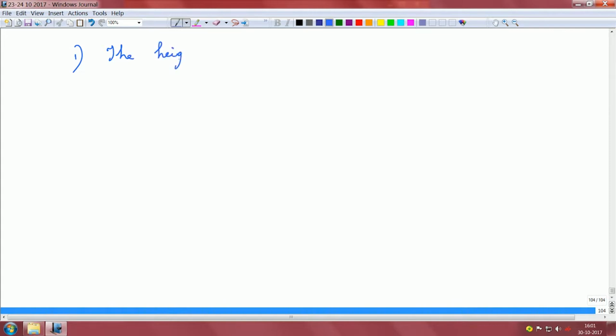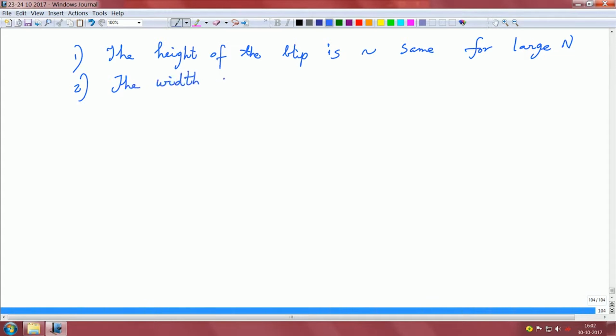Now, a few things to note. The height of the blip is approximately the same for large n, and the width gets smaller as n gets larger.